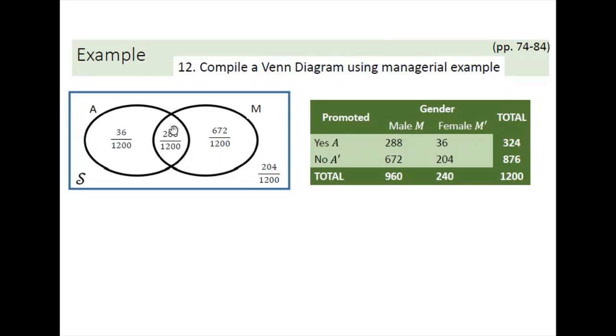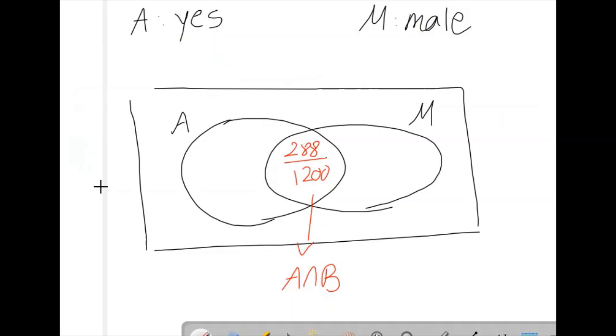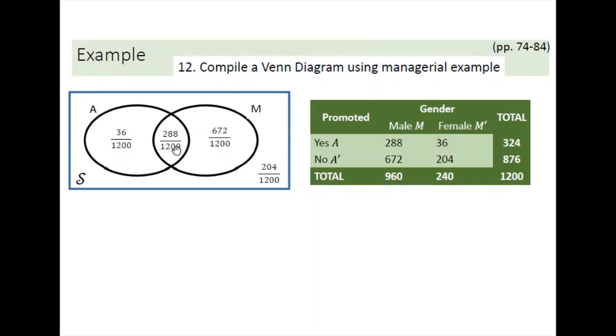We already have the males, so this part is females who got promotion, 36 over 1200. Again, male is divided into promotion or no promotion.